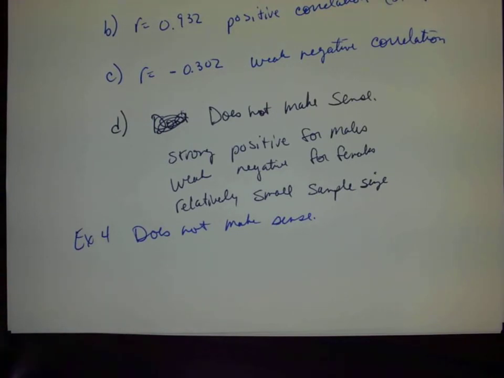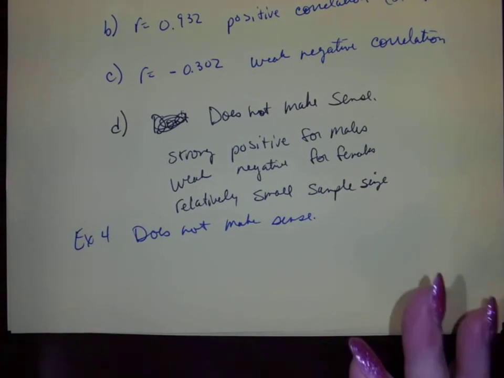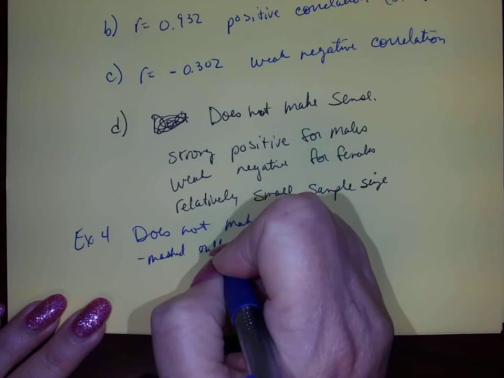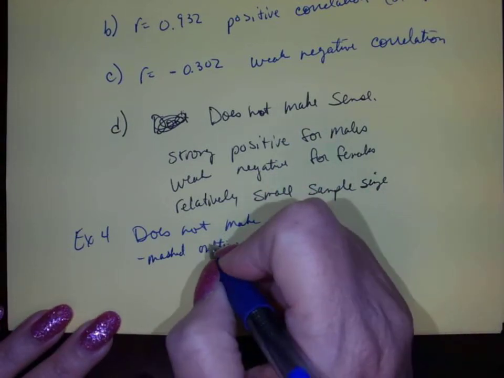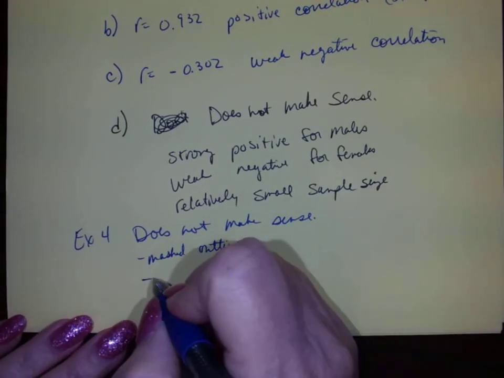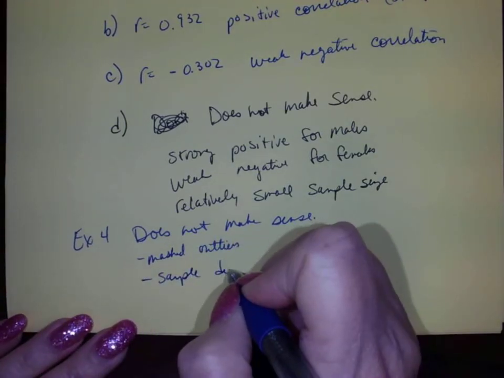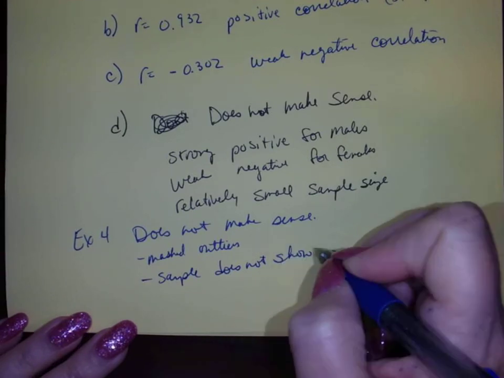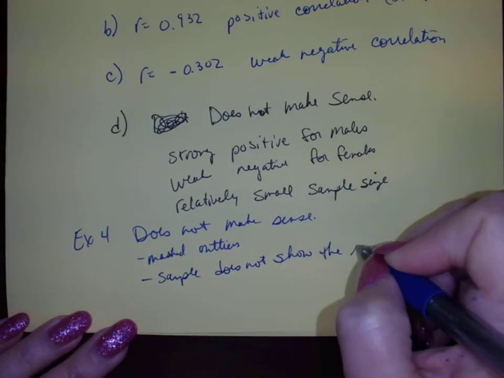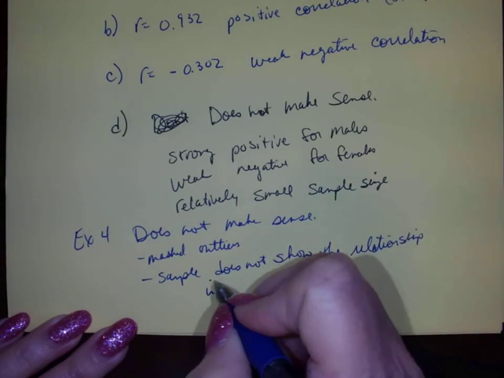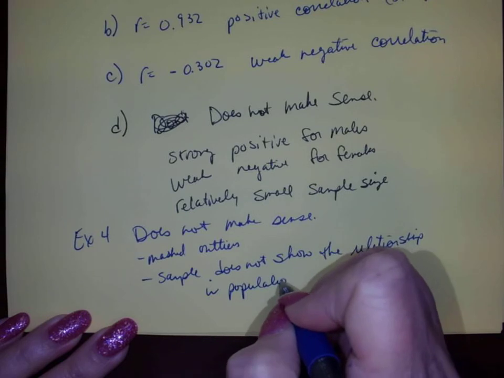It's also possible that the sample didn't show the relationship that exists in the population because of the sample. So we could see masked outliers. And then the other is that the sample does not show the relationship in the population as a whole, right?